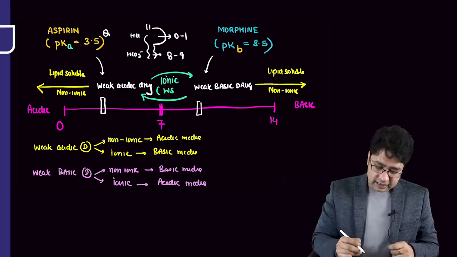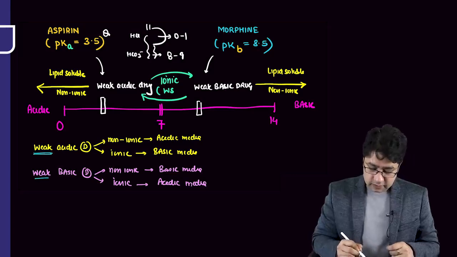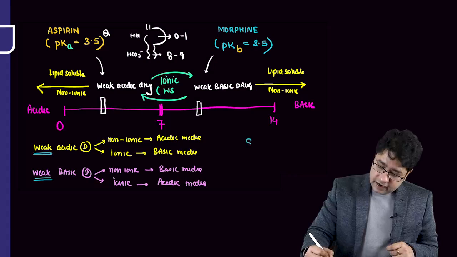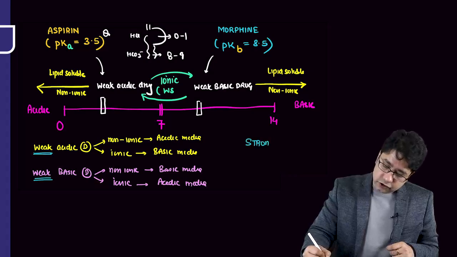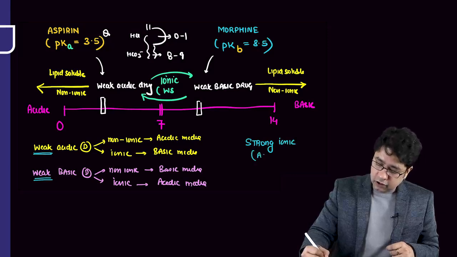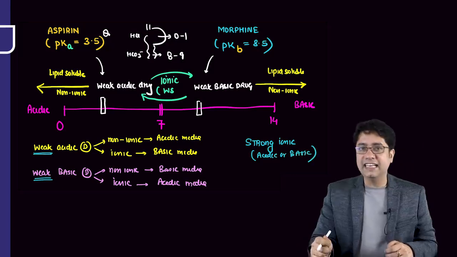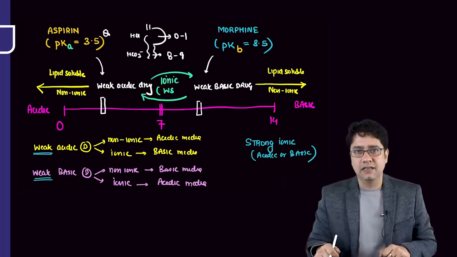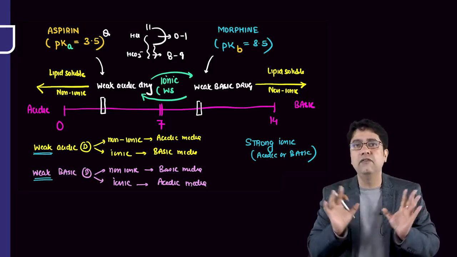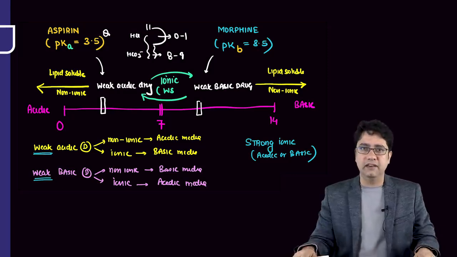Now beta, why am I using the word weak? Can you tell me why I am not using the words strong ionic drugs? Strong ionic could be strong acid or base. Remember, strong acidic or basic drugs are not influenced by the pH of media.